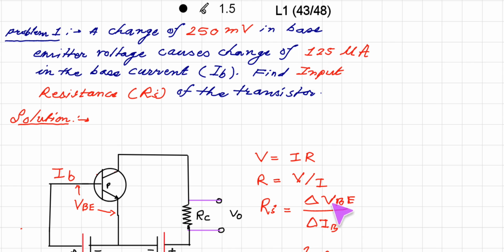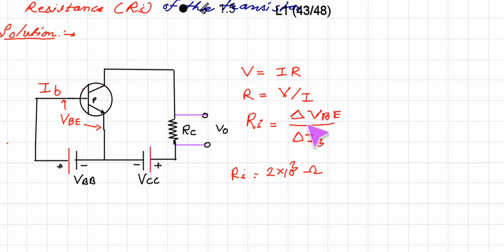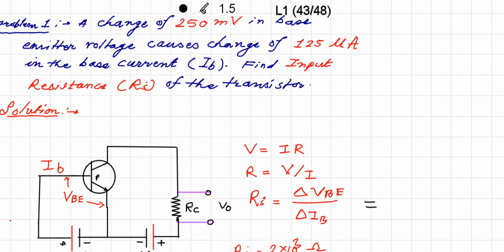So that is change in IB, and so here it is, putting the values, that is delta VBE is equal to 250 millivolt, milli means into 10 raised to minus 3 volts, divided by the corresponding current change in IB, that is 125 microampere.